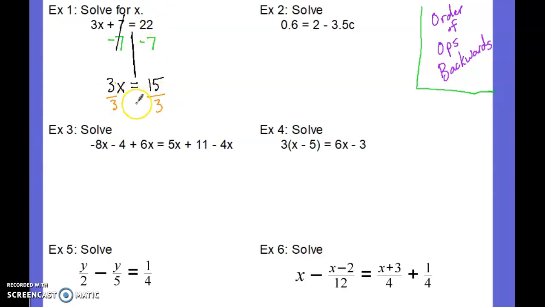Again, it's worth noting that your equal sign is still here, so then you could cancel out your 3's. 15 divided by 3 gives you x equals 5. Now before moving on, I want to point out that you can check your work. If you plug 5 in for x, 3 times 5 is 15, and when you add 7 to it, it equals 22. This value makes that equation true.